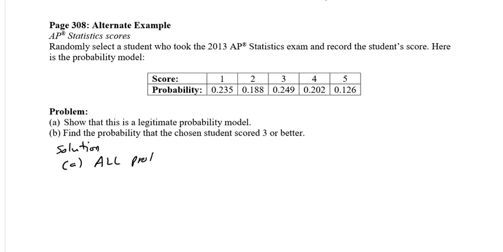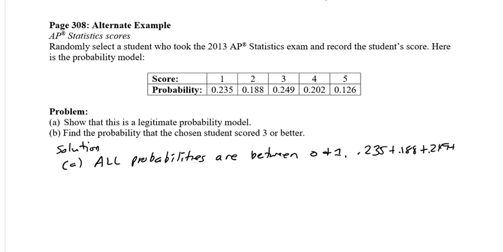The second requirement is that 0.235 plus 0.188 plus 0.249 plus 0.202 plus 0.126 has to equal 1, and it does. So all the probabilities have to be between 0 and 1, and the probabilities have to add up to 1, and they do. Okay?